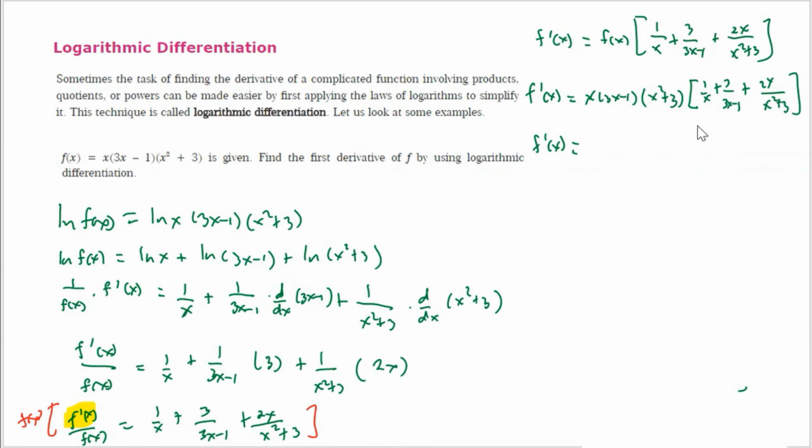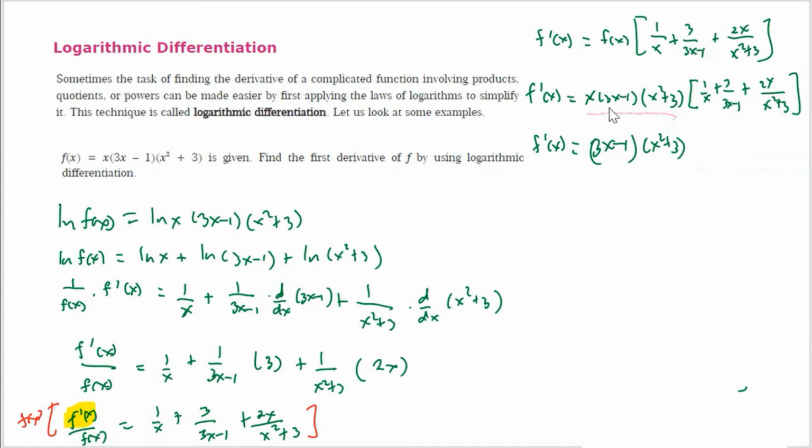So, x times 1 over x gives us the answer of 1. So the answer in the first term becomes 3x minus 1 times x squared plus 3. And then on the second term, the value of f of x times the second term, which is 3 over 3x minus 1.